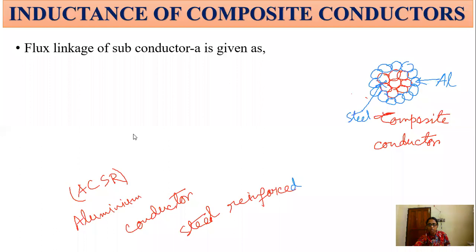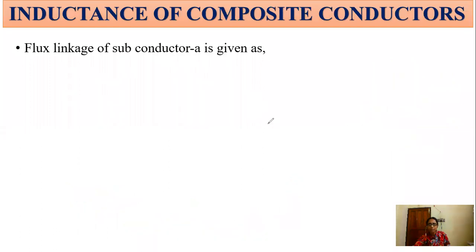Next, consider the inductance of composite conductor. Let's assume there is an incoming or forward conductor, and another one is the return conductor. Both of them are of composite type.